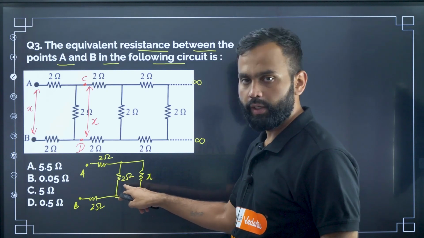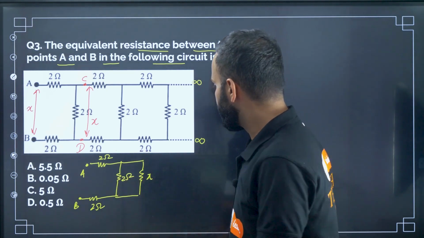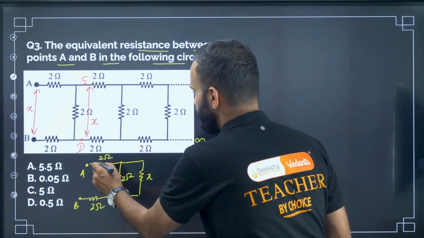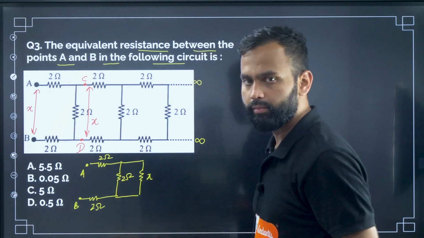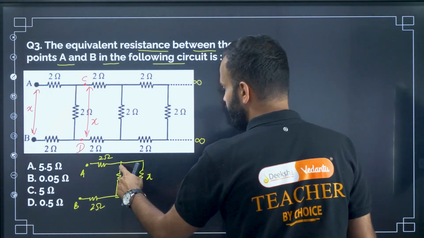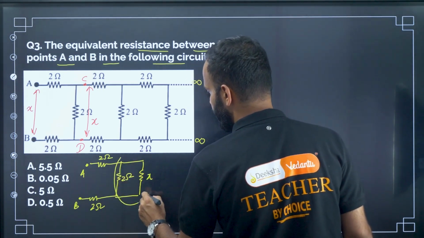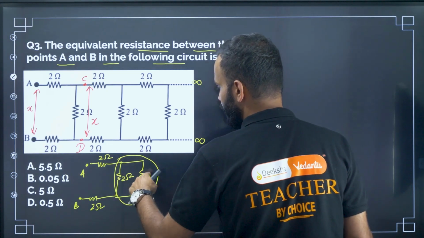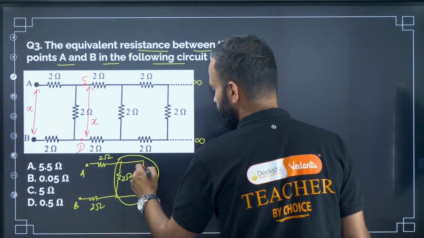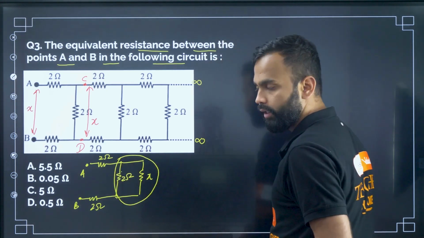Here X and 2 are in parallel, then this whole thing is in series with 2 ohm and 2 ohm. So what is the equivalent resistance between 2 ohm and X, between these two points?